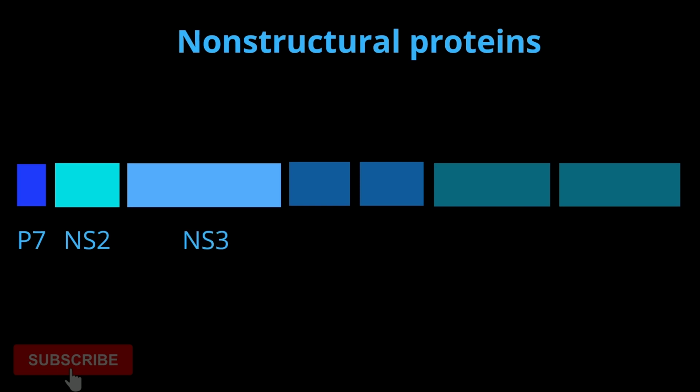The next region then codes for non-structural protein 3, or NS3. Now the NS3 protein is actually an enzyme which has both serine protease activity and helicase activity. The serine protease part cleaves proteins once they are translated.